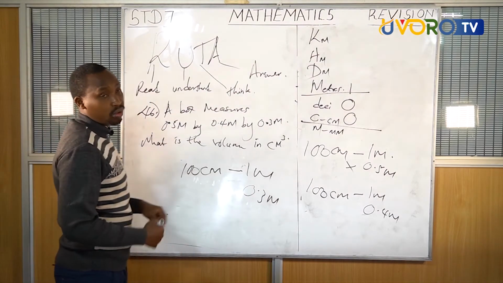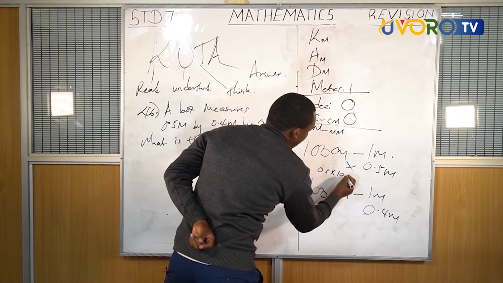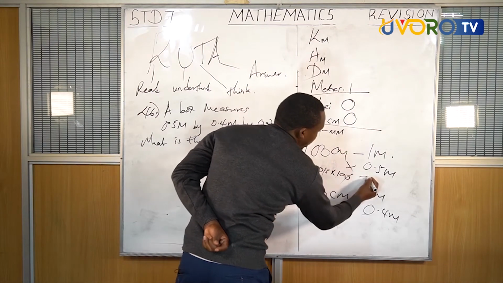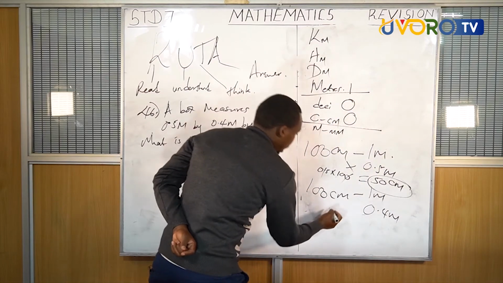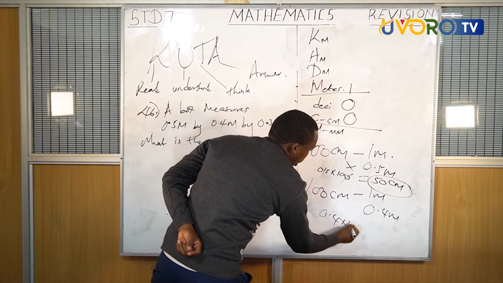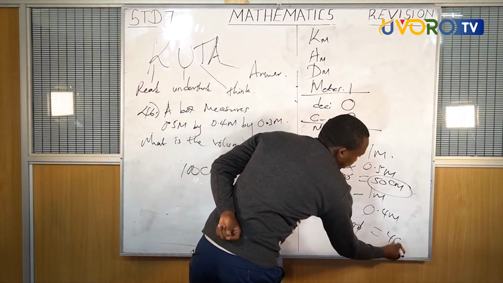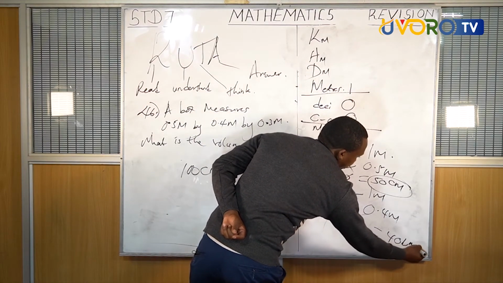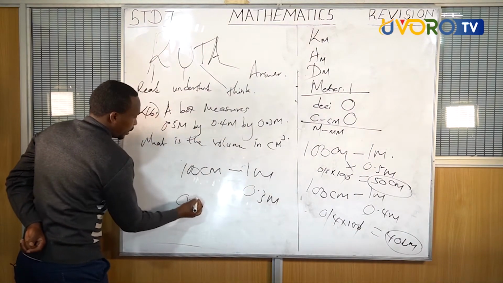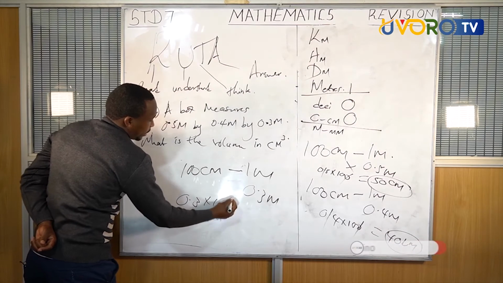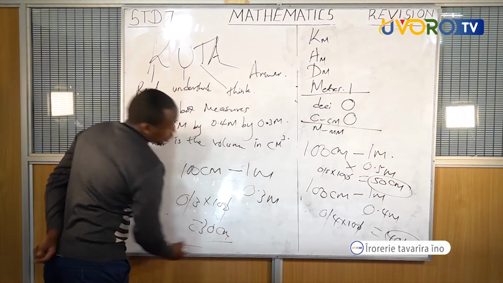You go on cross multiplying. 0.5 times 100, 0.1 goes with 1, that is 50 centimeters. The other one, 0.4 times 100, 0 goes with 1, that is 40 centimeters. 0.3 times 100, 1 0 goes with 1, that is 30 centimeters.